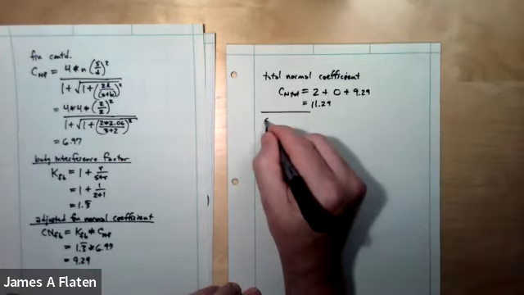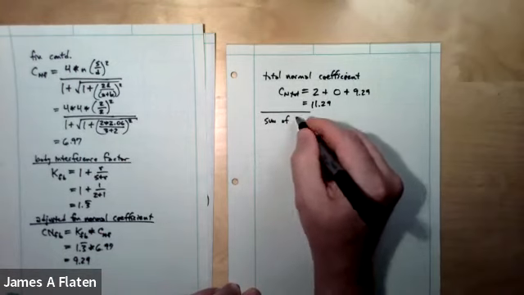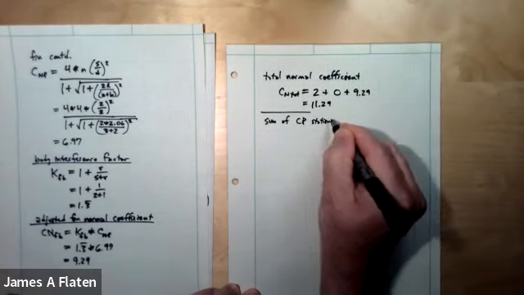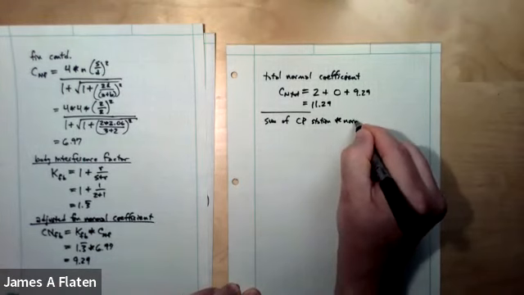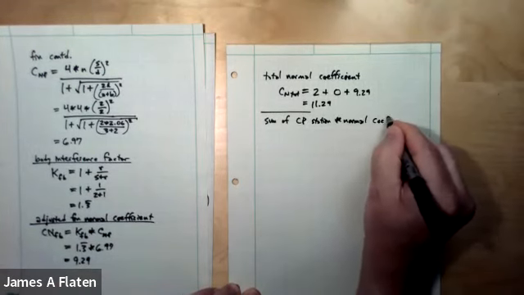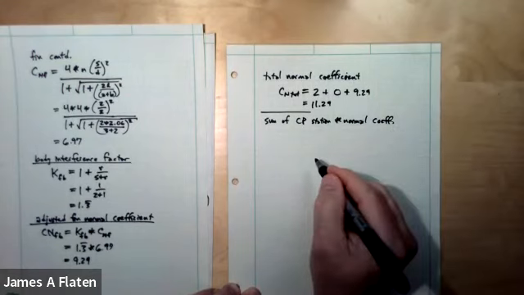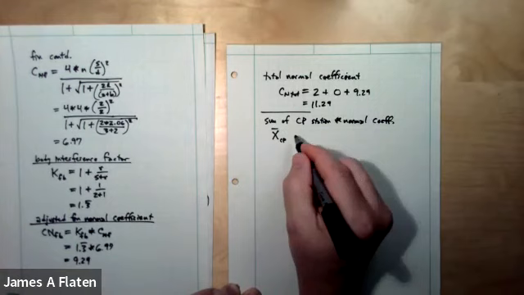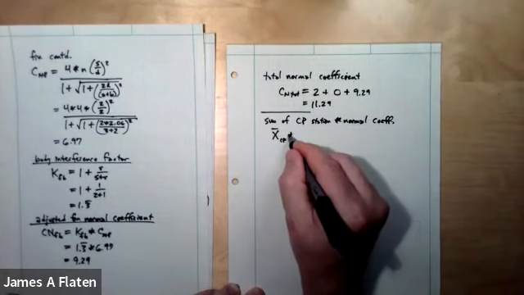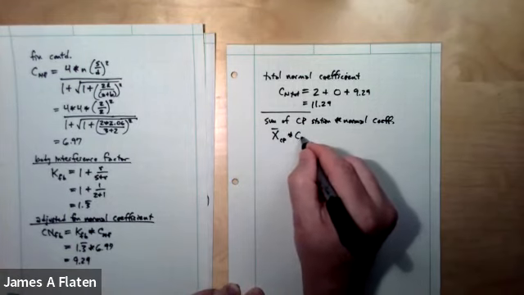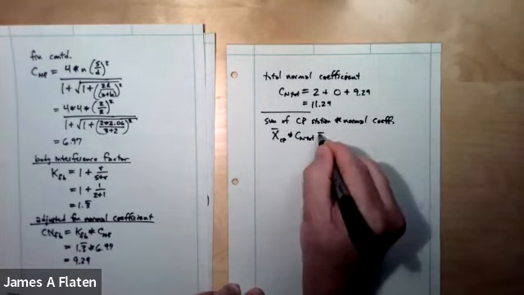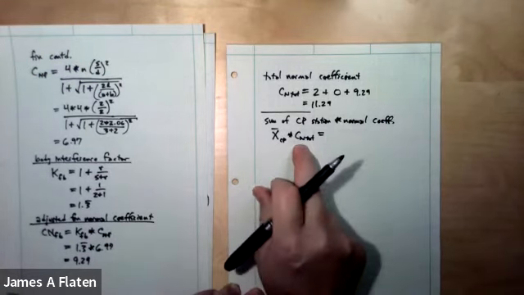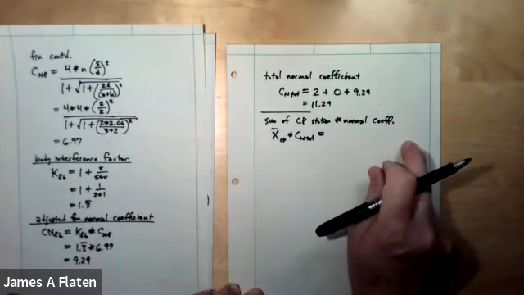And now, the sum of CP station times the normal coefficient. That will be the overall CP station times Cn total. That's the overall location times the overall coefficient, which I just calculated, is equal to this sum.